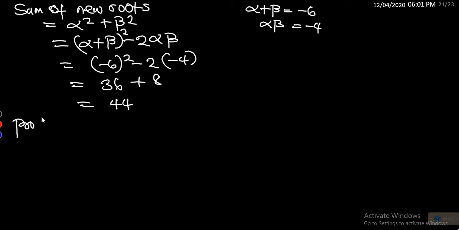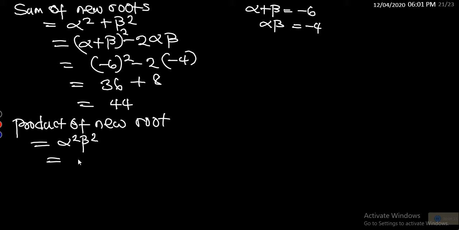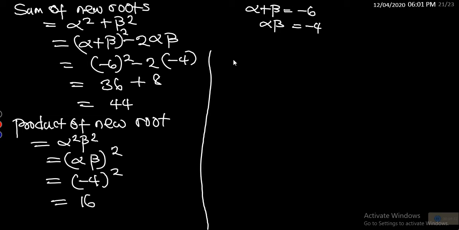Then we find the product of the new roots as well. Product of new roots equals alpha squared beta squared, and this can be rewritten as alpha beta all squared, which is minus 4 all squared, which equals 16.